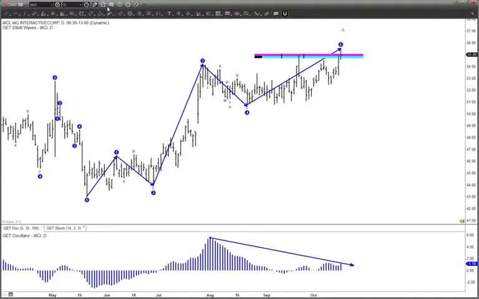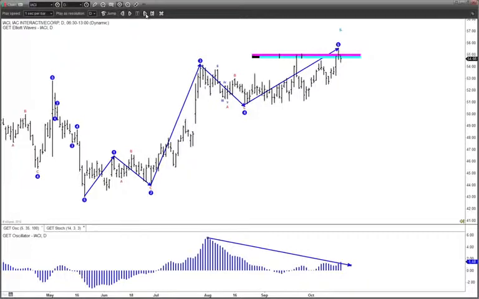With that in mind, we can play it forward and see exactly how this resistance of the MOB, coupled with the wave 5 high and the divergent oscillator, resulted in the subsequent price action.